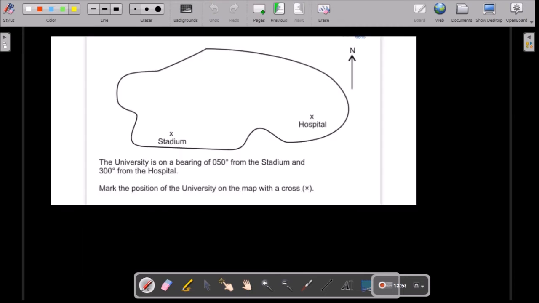Okay, I've got a question for us to try. Let's see the question. The question states, the university is on a bearing of 50 degrees from the stadium and 300 degrees from the hospital.